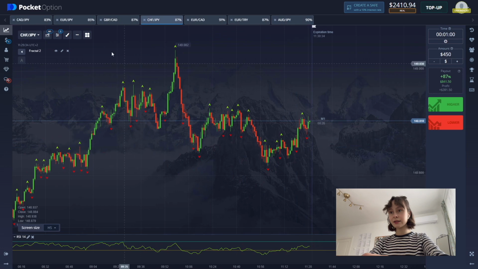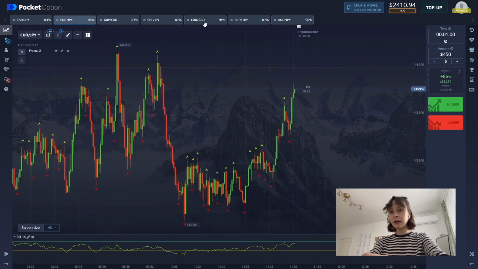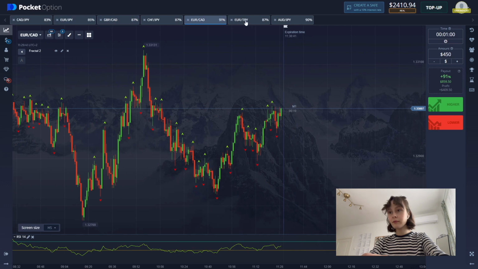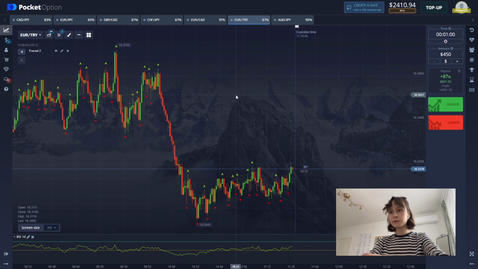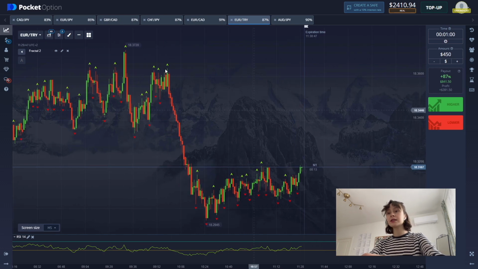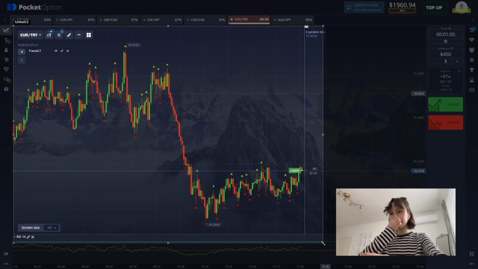Let's choose the next currency pair. Okay, here we need to analyze quite in detail. Yes, here it's possible to enter into the deal, and let's do it. We're observing a little pullback in the zone.